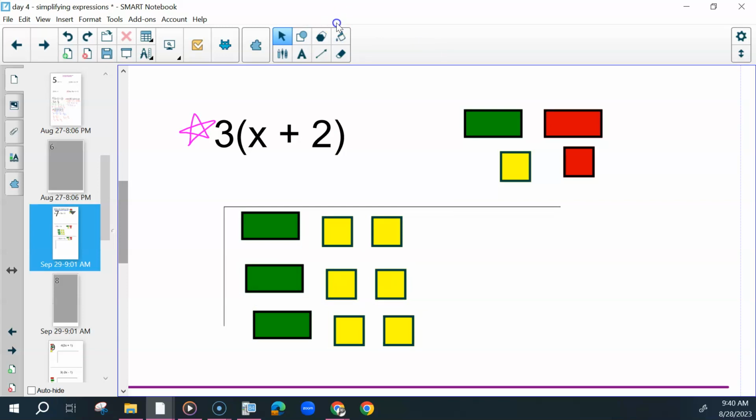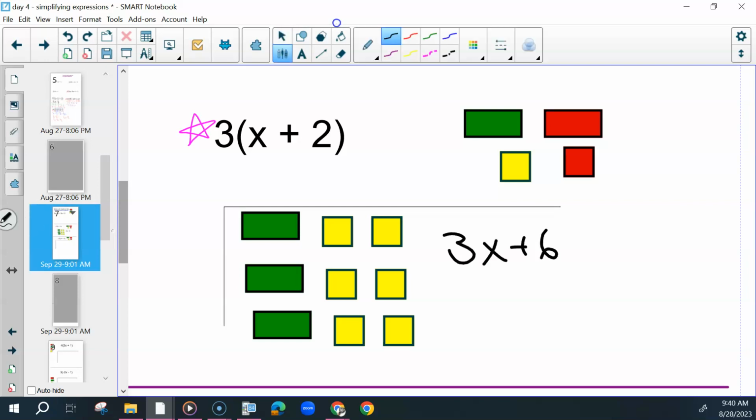You would end up with the same thing 3 times. And then you would count if there's any 0 pairs, you would get rid of those. If there's not, you would just count what is there, and that would be your answer. 3x plus 6.